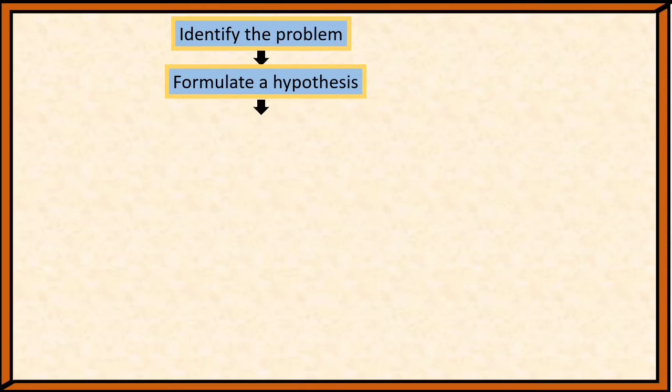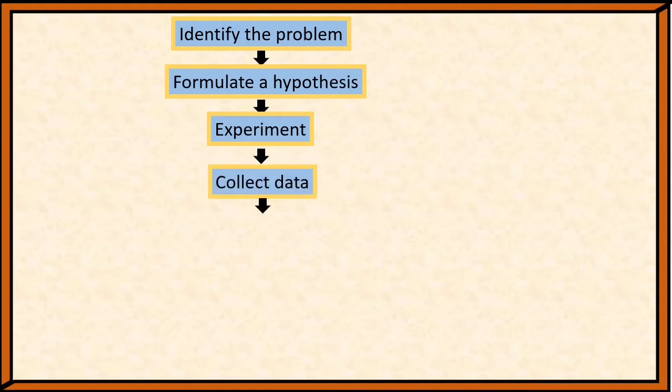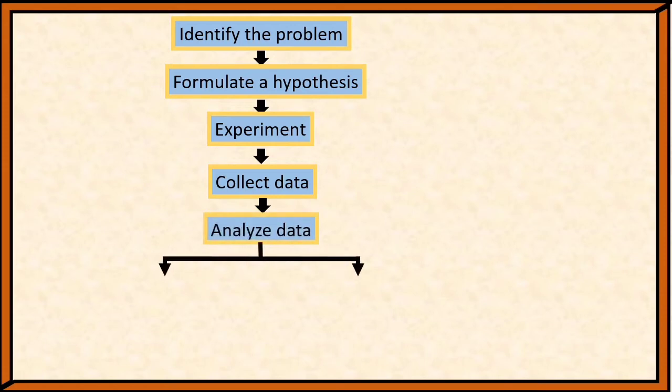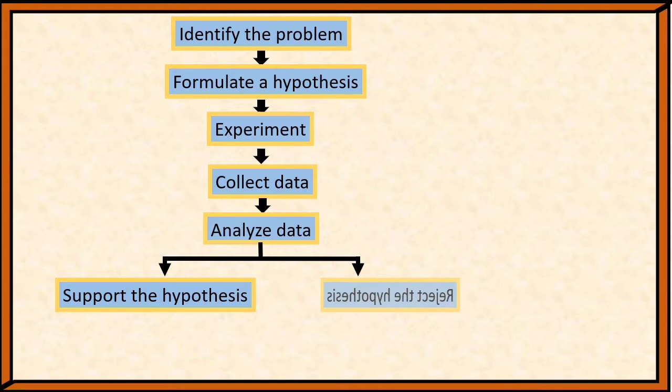First, identifying the problem. Next, formulating a hypothesis. Then, doing an experiment. Next, collecting data. Next is analyzing the data, whether the experiment supports the hypothesis or rejects the hypothesis.